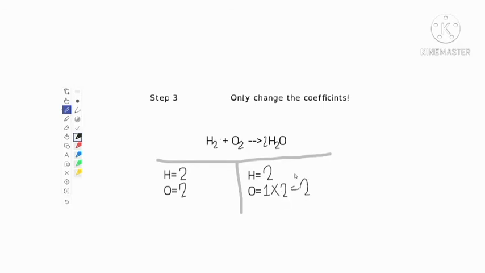Then our oxygen will be balanced, but we also have to multiply the hydrogen by 2, so we get 4. Now our hydrogen has become unbalanced. To balance it, we can put 2 on the left side, so it will also get multiplied by 2 and become 4. So the whole equation is balanced. So that is our step 3.